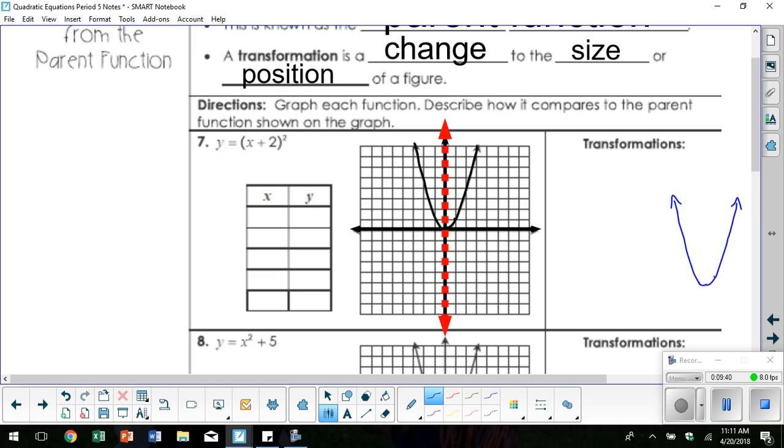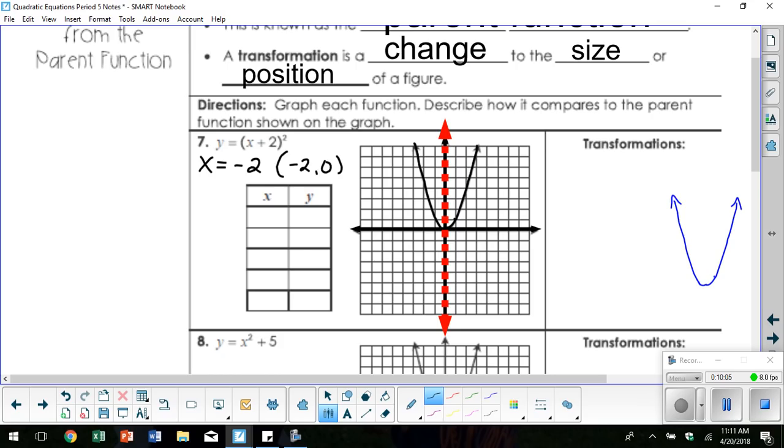Now, what's the axis of symmetry for this? Negative 2. So x is going to equal negative 2. What's the vertex then? Negative 2, comma 0. All I did was look at the equation and pull out information. That's all I did.